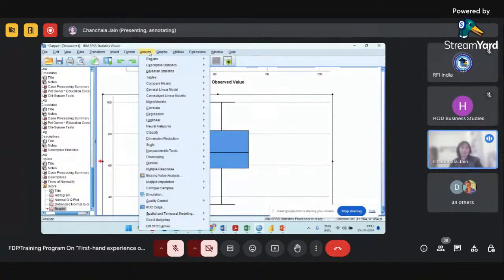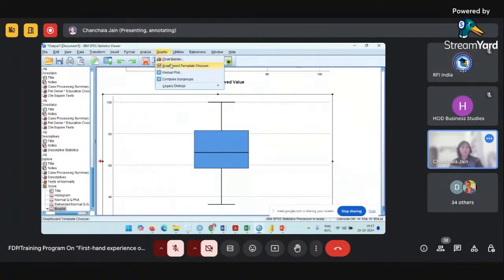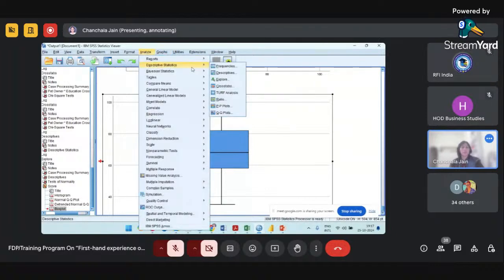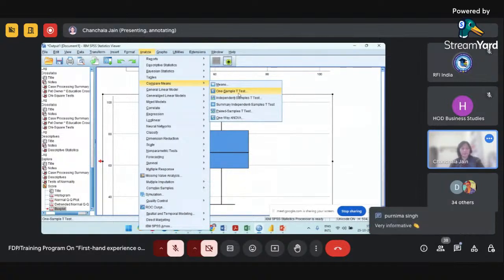I'm expecting everyone to go to this and select Compare Means, and then you can find one sample t-test is available, right? Is it fine?